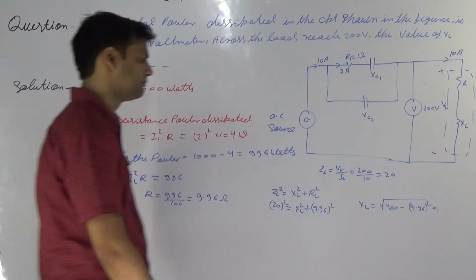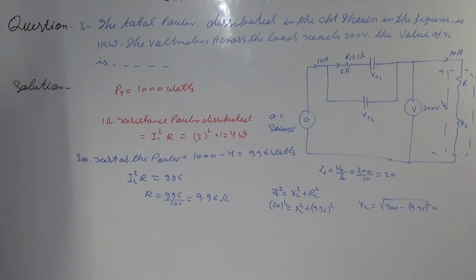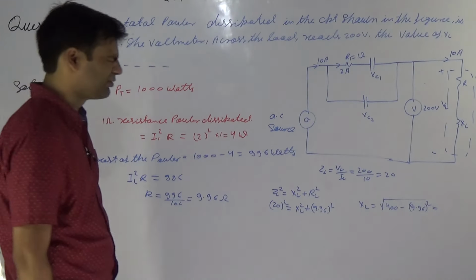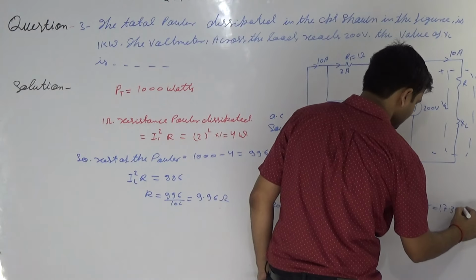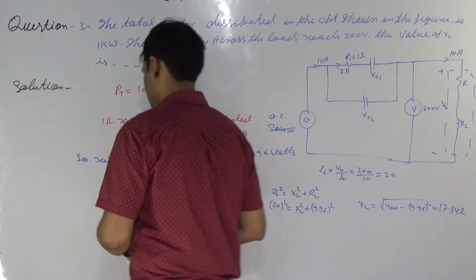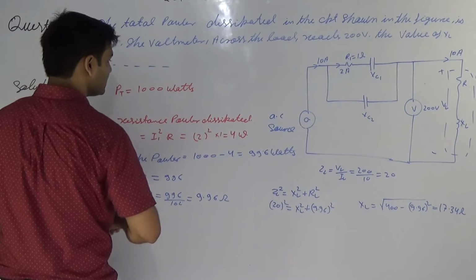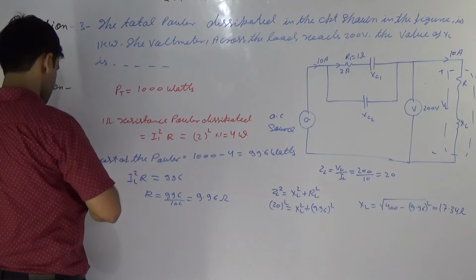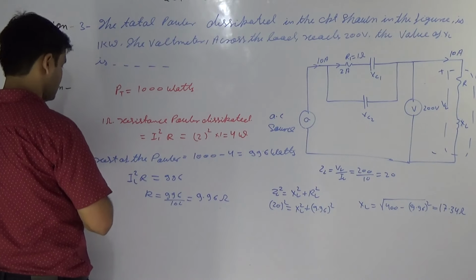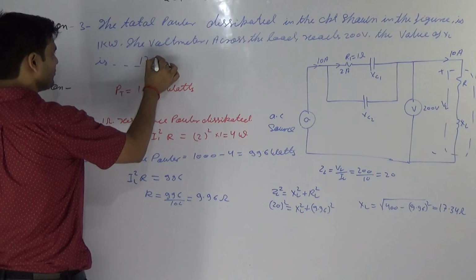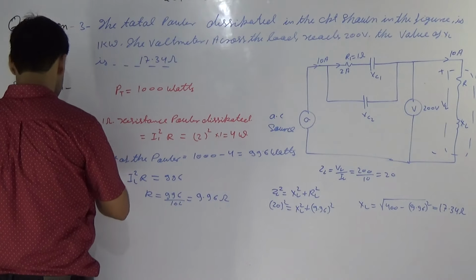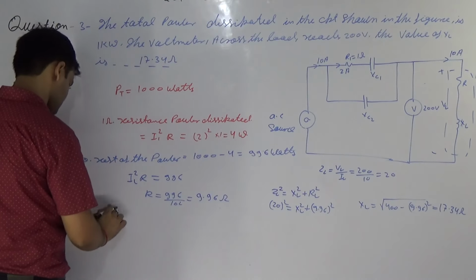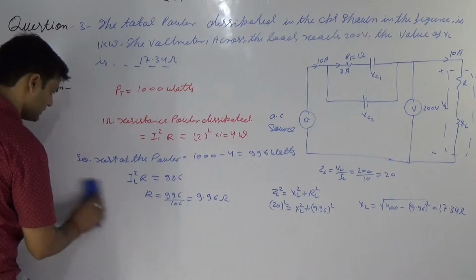What is the value of this one? 17.34. This is 17.34 ohm. This is the right answer. So finally we got 17.34 ohm. This is the right answer.